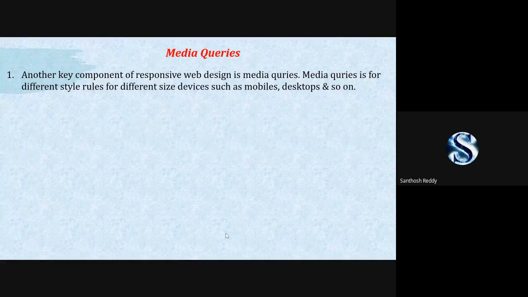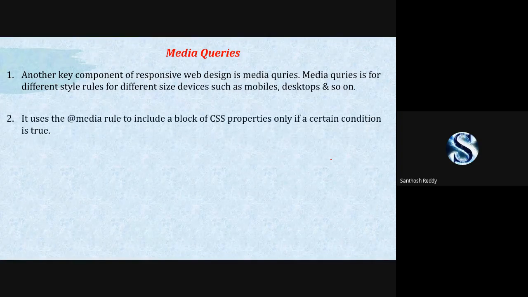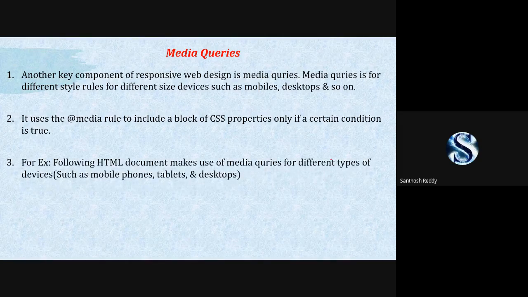Why? Because when the screen size is 3 inches, I have to apply some CSS properties. In the same way, when my screen size is 5 inches, I want to apply some different sizes. So we are going to use media queries. What is the syntax of these media queries? We are going to use @media.